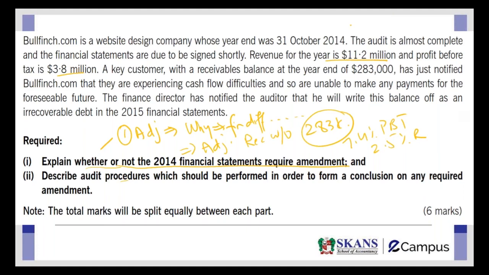Do you remember any recoverability procedures that we can discuss over here? How do you confirm? So what evidence can I look at to confirm that this money is not receivable? Anything that you can think of. This is information given by the management. I'm an auditor. I can't blindly trust it. I'll have to audit all this information.